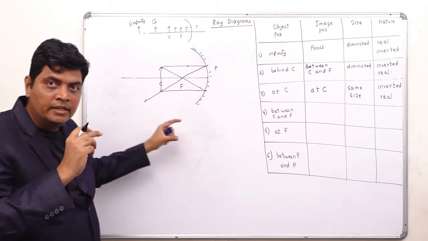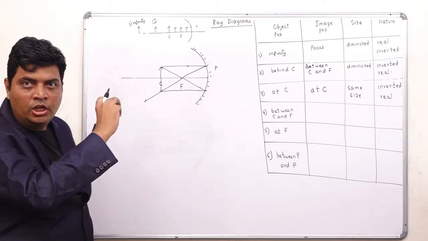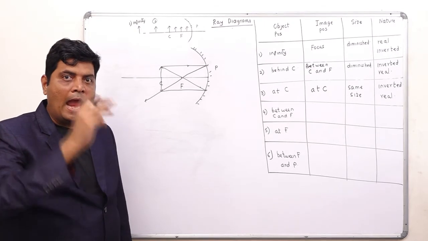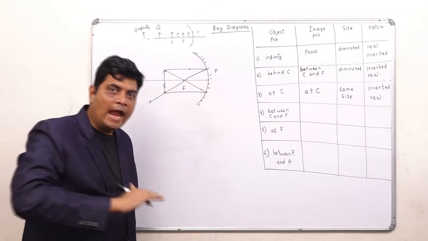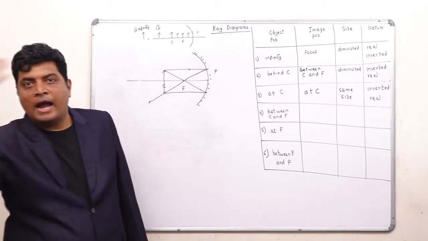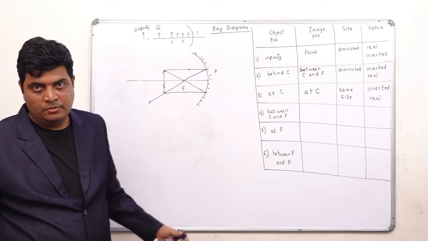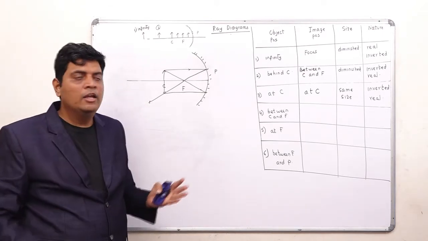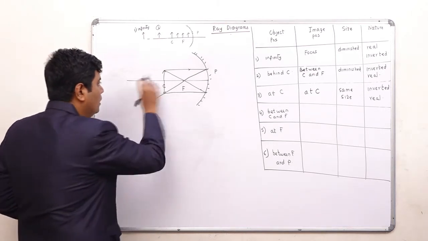The image will be smaller than the object. At C, it will be of the same size. And when the object comes ahead of C, the image size keeps on increasing. These certain things, if you keep in your mind, drawing the ray diagrams will become relatively easy.